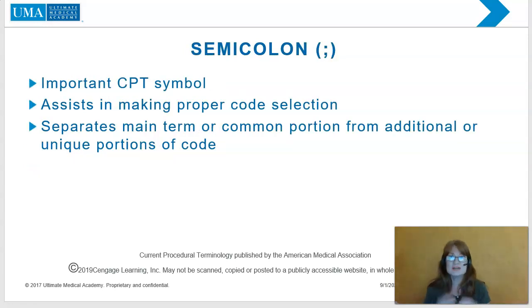Okay, now it's time to get into this semicolon. This is an extremely important symbol. Okay, that semicolon is a dot and comma. It's in the middle of a code description. It helps to separate the main portion of a code description from the unique parts of that code.